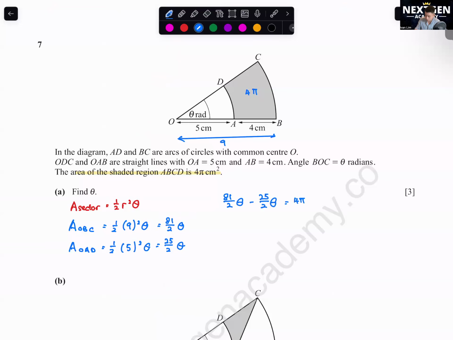Minus this off, we get 56 over 2 theta equals 4 pi. This will be 28 theta equals 4 pi. Theta is equal to pi over 7. So we got here pi over 7.